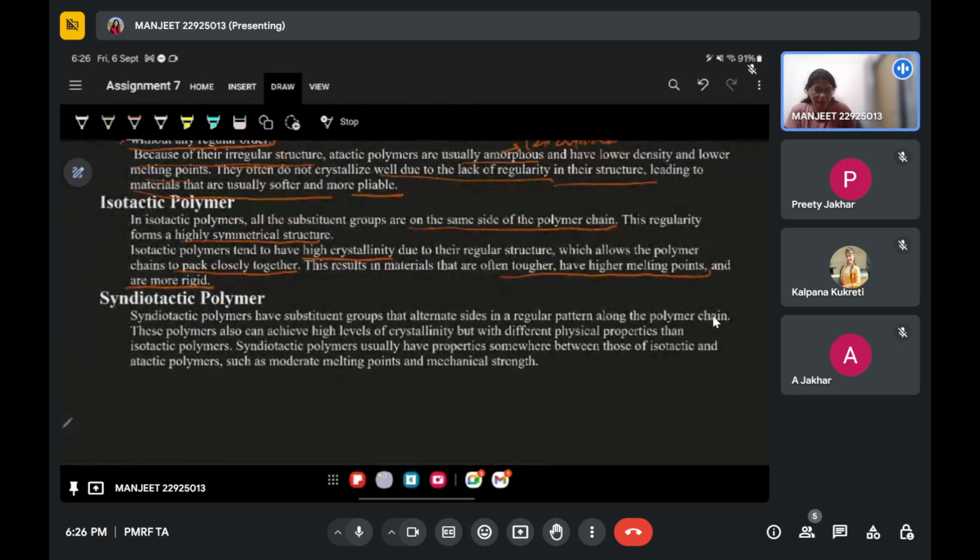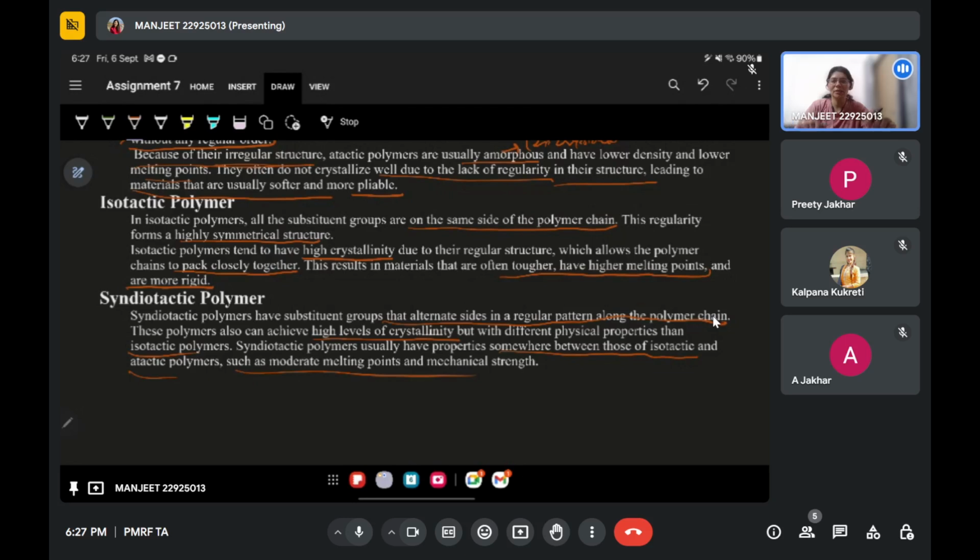We have another one, the syndiotactic polymer. In syndiotactic, we have alternating sides in a regular pattern along the polymer chain, and these polymers can also achieve a high level of crystallinity but with different physical properties than isotactic polymer, because the side groups have an alternating arrangement. Syndiotactic polymers usually have properties somewhere between isotactic and atactic, such as a moderate melting point and mechanical strength.